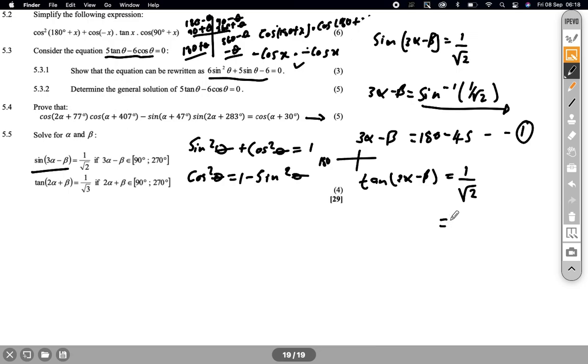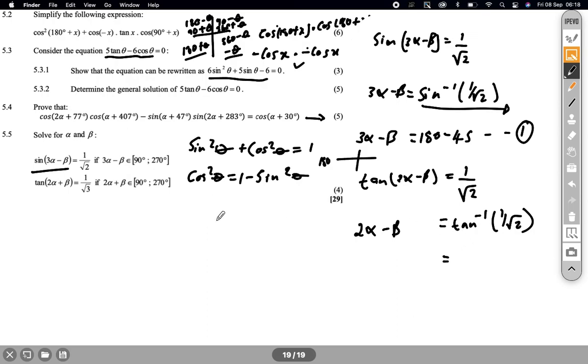And if you still remember your special angles, this should give you 30 degrees. So this will be equal to arctan of 1 over square root of 3, which is 30 degrees.